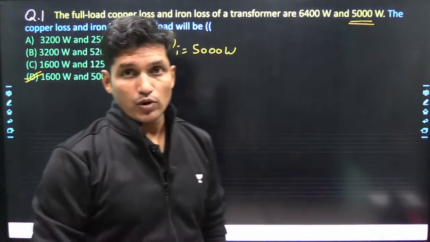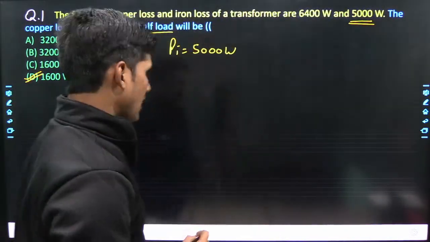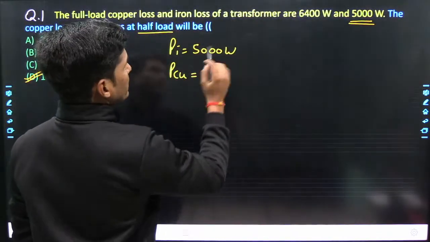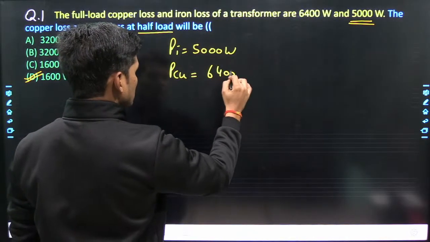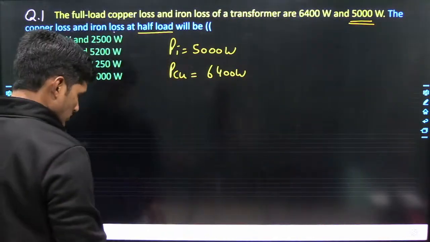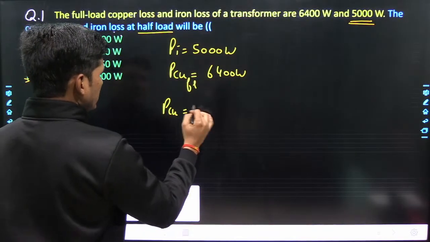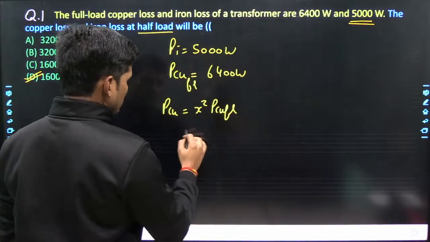Whereas to find out the copper losses, as copper losses depend upon the load, it will change at the half load. Copper loss at full load is already given, that is PCU equal to 6400. We know that copper losses equal to x square times PCU FL.